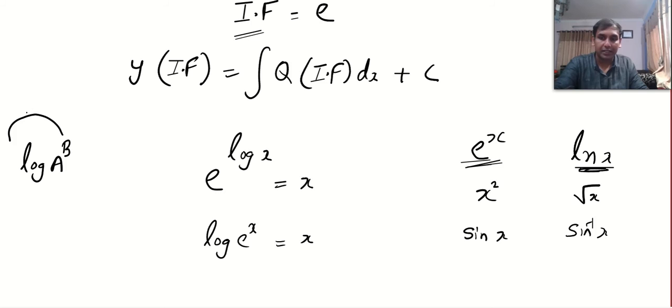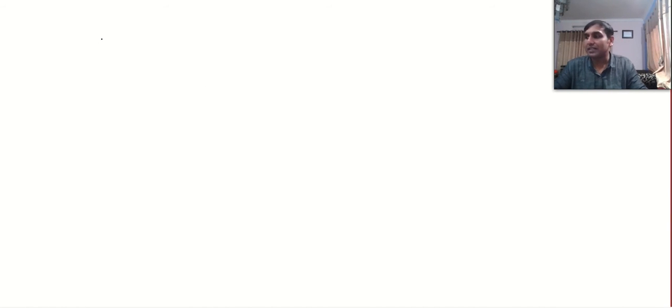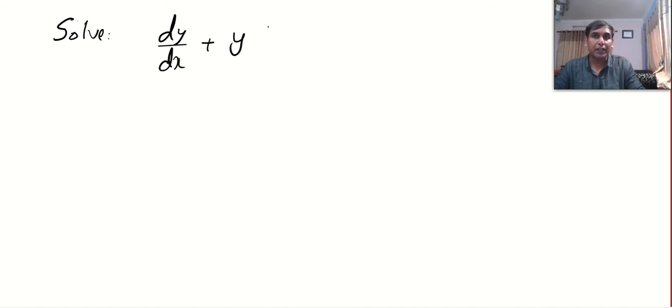Okay, let's try one question. So please write the first question. Solve the differential equation dy/dx + y tan x = sec x. Now look at this. This is obvious.